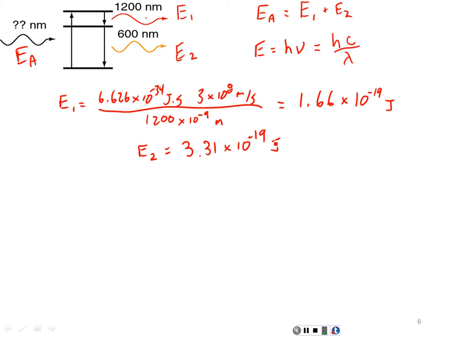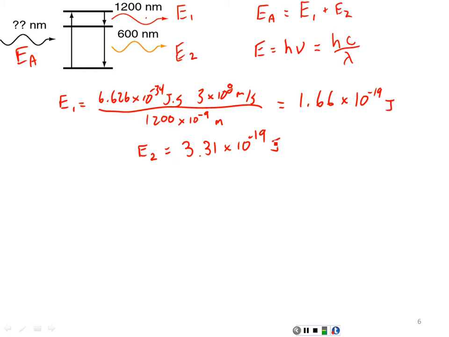And you see that that makes sense. The energy is 2 times that of energy 1, and the wavelength is half as long. If you remember the relationship between wavelength and energy, the longer the wavelength, the lower the energy.